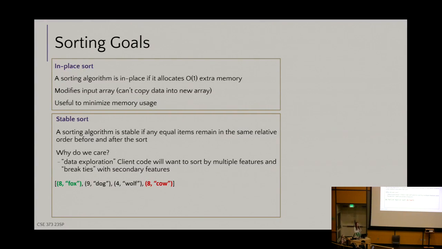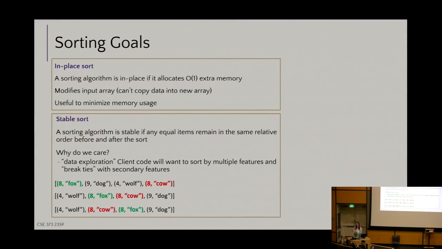You see in this original unsorted order, the fox 8 comes before the cow 8. This would be a stable sort. I've sorted them so it goes 4, 8, 8, 9. I only sorted based on the numbers, but the two 8s end up in the proper sorted place overall, but in the same relative position that they were in when we first started.